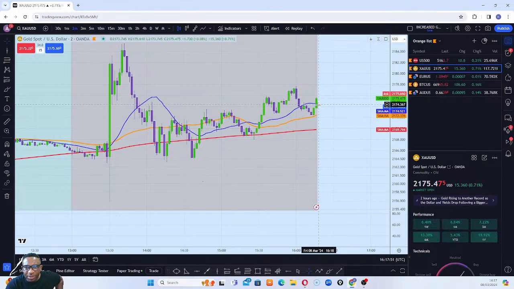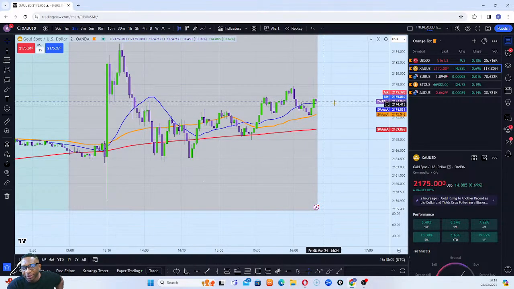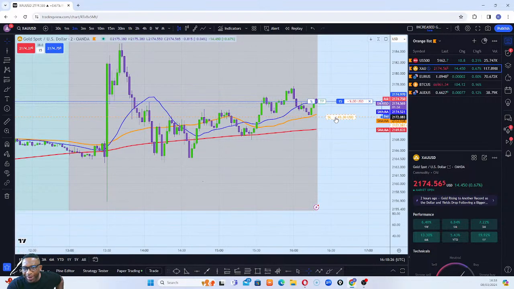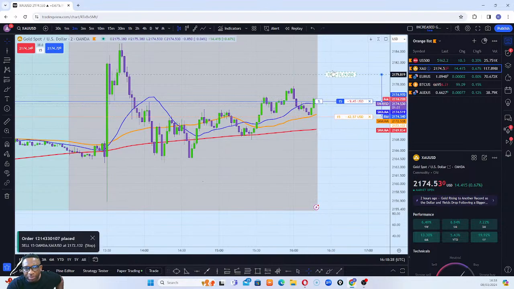It got held up within that zone, and then from here it looks more like continuing to the upside. It's not giving us the pullback that we wanted to enter this trade, but it's not far away from the blue line, so it still could play out nicely. Because when you're taking the trade, it has to be near the blue line, and price is just around the blue line. So we're having the pullback there as we wanted.